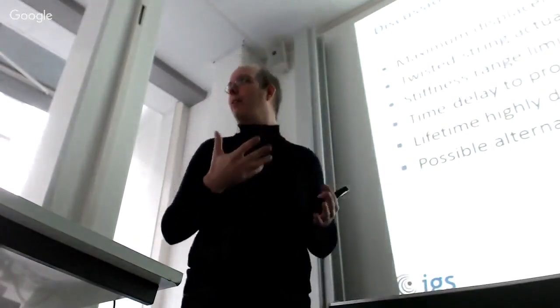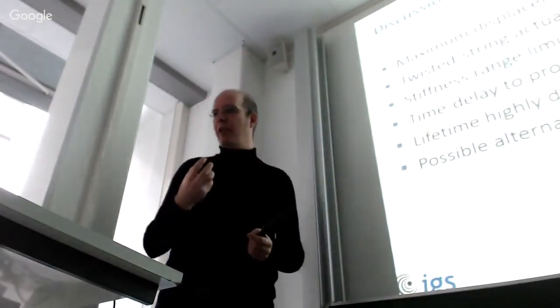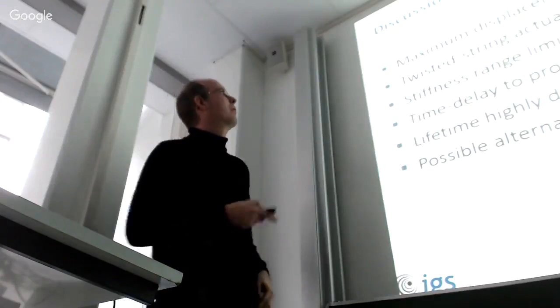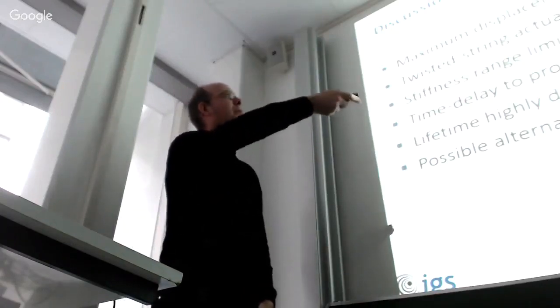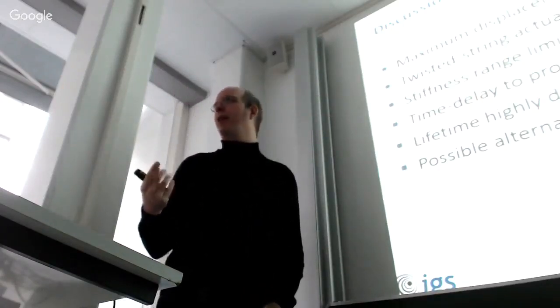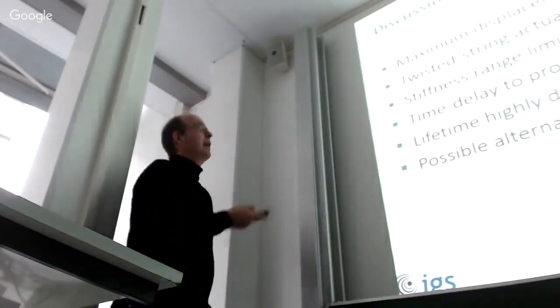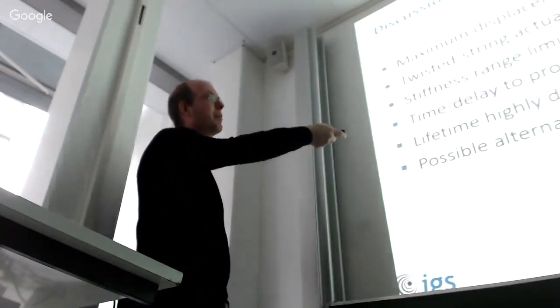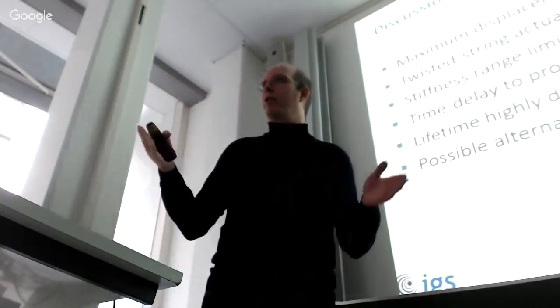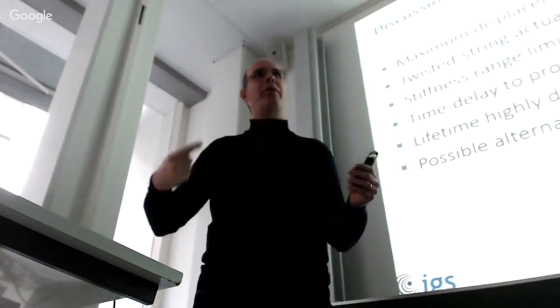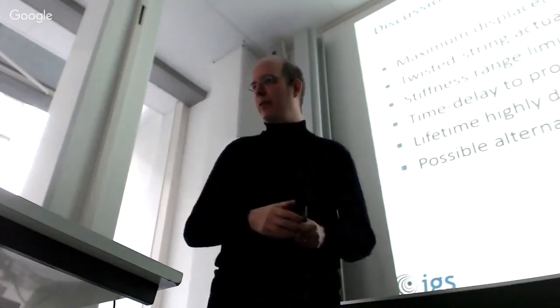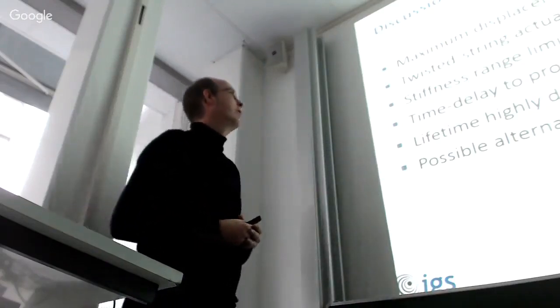So the whole overall stiffness range is limited by the stiffness of the real spring and the contact. This problem that I mentioned was the time delay at the start when you want to generate large pulling forces because you have to twist quite fast with these large forces, which is also a disadvantage.